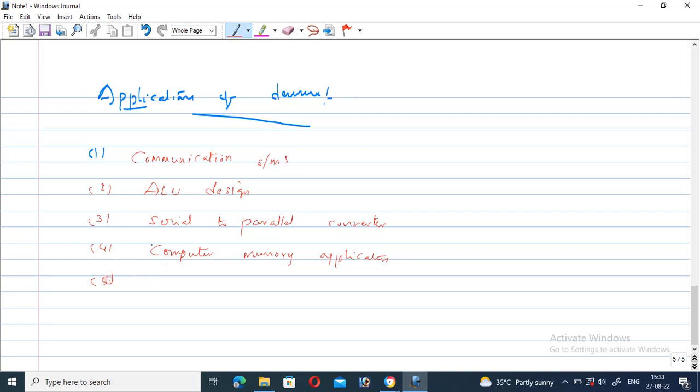Broadcasting, so that is also under the communication. Okay, so these are the applications of the Demux. We have a number of applications. For our discussion, we will briefly discuss only the important ones, right?